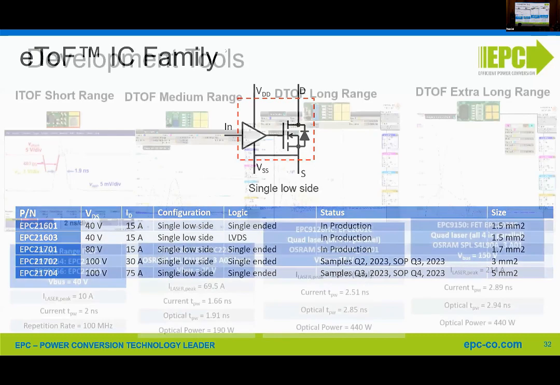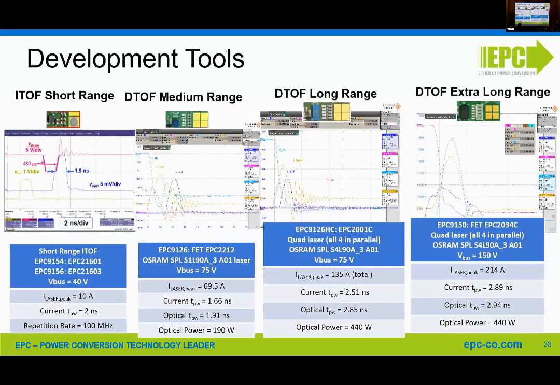A couple of the development tools that EPC has, we have a number of demo boards. We are going to be releasing some new demo boards with the new laser drivers, and some of the new discrete devices will have new demo boards also. So the power part of the demo board is the gate drive loop and the power loop.